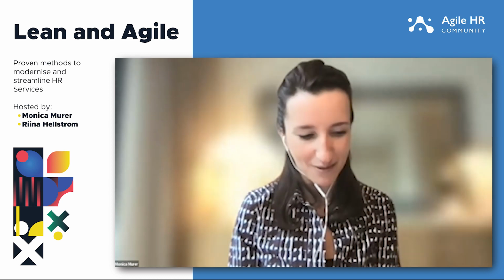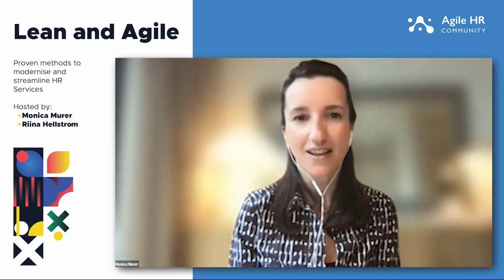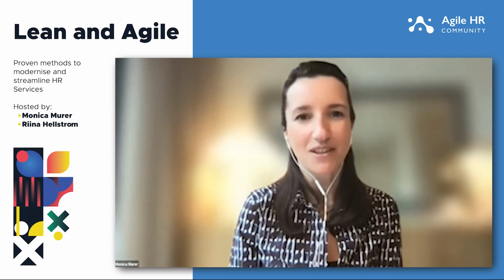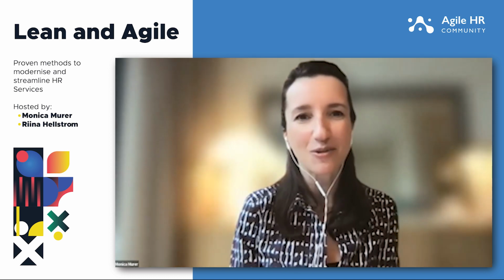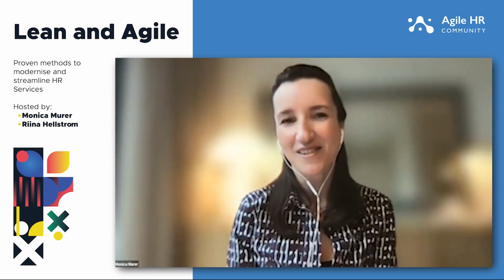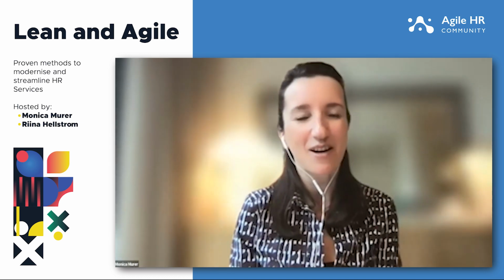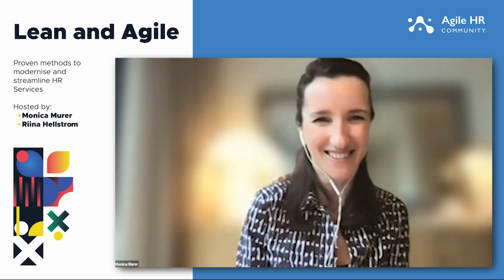Recently, I realized that actually this combination of Lean and Agile is tackling the problems that we need to solve from two very important angles. One, the human-centered way, and the other one, the process side. So yeah, that's how I got to do what I'm doing, and I'm quite excited about it.